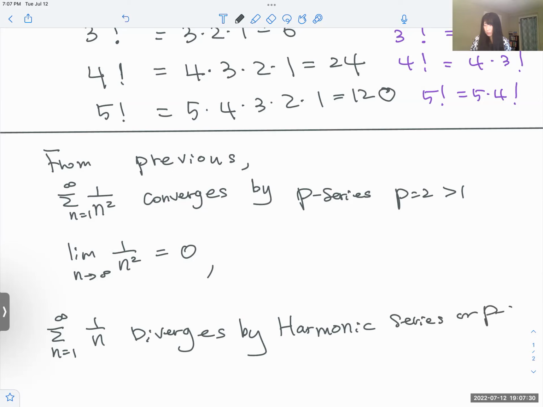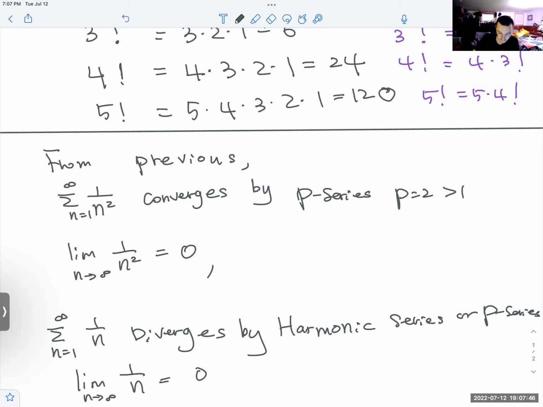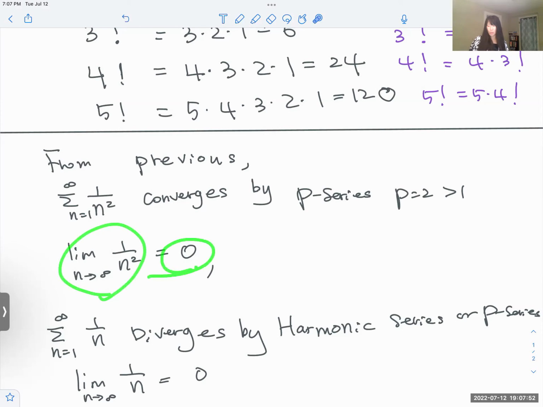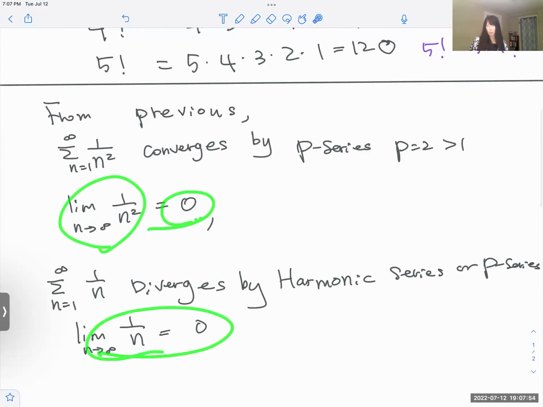Or p-series. Okay, and in this section they talk about it. Also, if we take the limit of this one over n, it also approaches 0, right? We know that, okay? This means that with this one, we take the limit and it approaches 0, and this one also approaches 0.